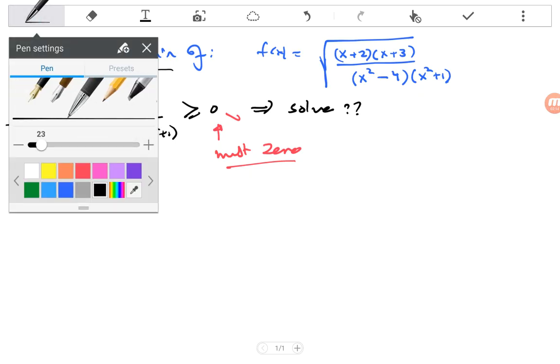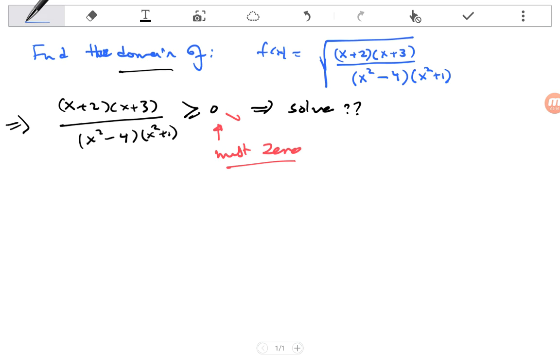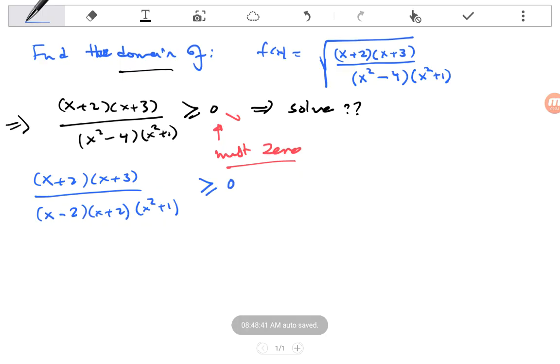Yes, there is. Can you find it? Yes, this bracket can be factorized. So I will write it as (x plus 2)(x plus 3) all over (x minus 2)(x plus 2)(x squared plus 1), all greater than or equal to 0.